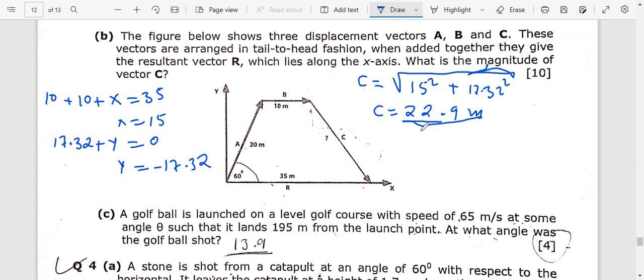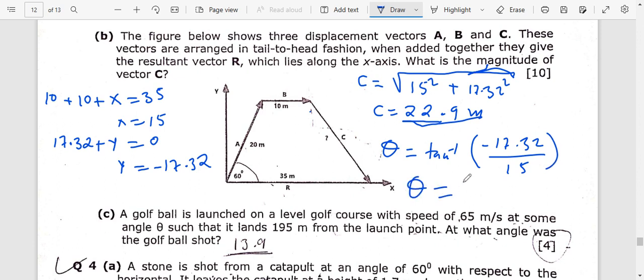Okay. And then to find the direction, theta is going to be tan inverse of the x component, oh, of course, we start with the y component. Negative 17.32 divided by 15. So let's see what we get as theta. Tan inverse of negative 17.32 divided by 15.